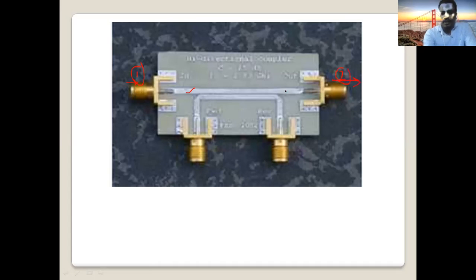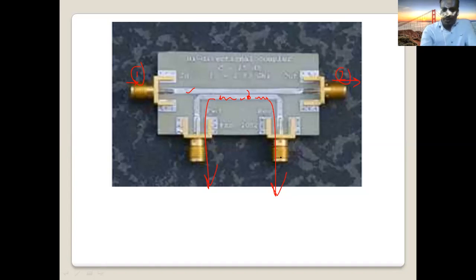Because of this second transmission line, as I said, there is coupling, the signal is sampled from one line to the second line. After coupling, there are two options. The signal will go in this direction, and you will get it at this port. If a signal moves in that direction, it will go to the other port. So we have two ports, port 3 and port 4.